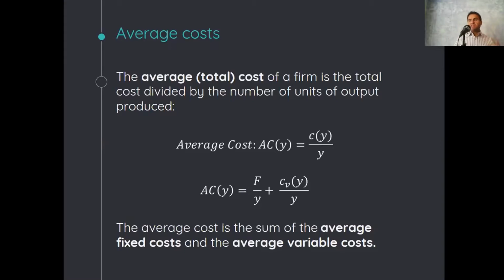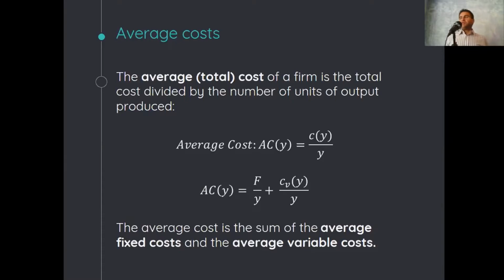So essentially, the average cost function, AC of y, is just the total cost function divided by the number of units you are producing, your output y. Obviously, this applies to the other two costs, the fixed cost and the variable cost. They have their own particular average version.